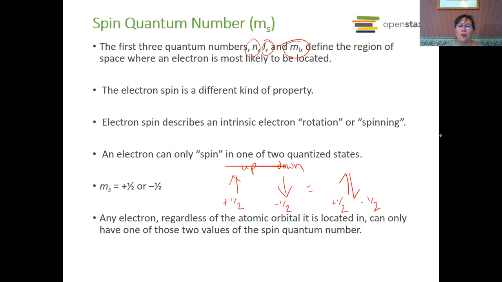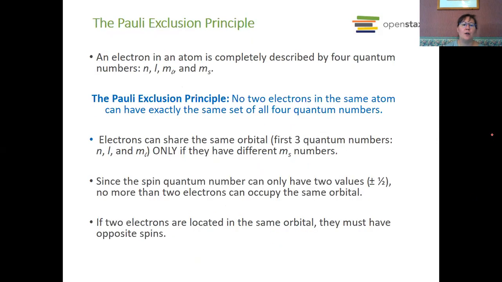So regardless of the orbital, every orbital can only have +1/2 or -1/2, which means you could only have 2 electrons per orbital. So what does that bring us to? That brings us to the Pauli exclusion principle.